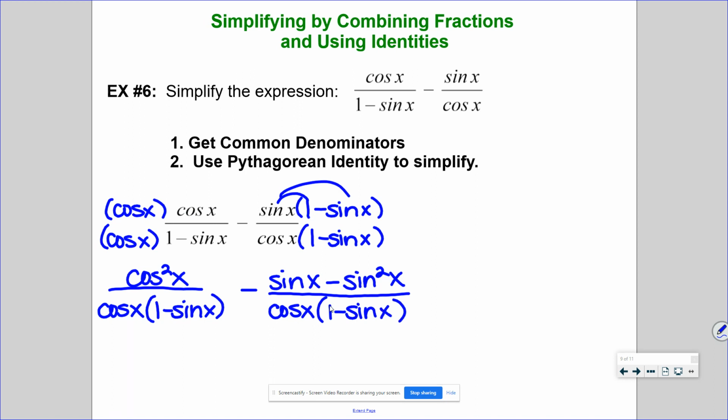Right now my thought process is just keep working on this common denominator deal. And so remember that when you get a common denominator, that allows you to add the numerators together, or in this case, subtract them. Also notice I put plus sine squared. That's because if you're subtracting a negative, it becomes a positive.